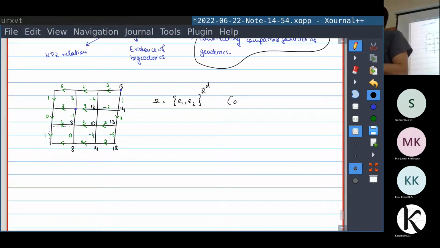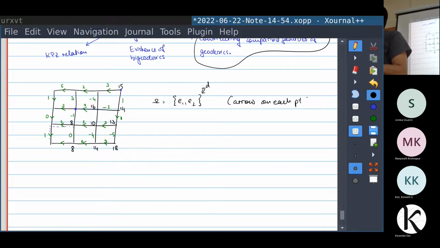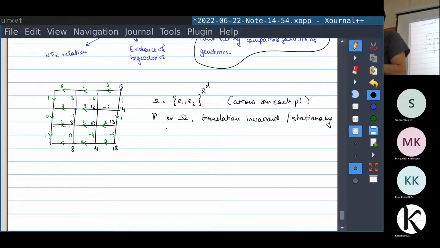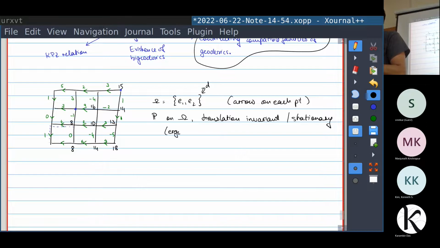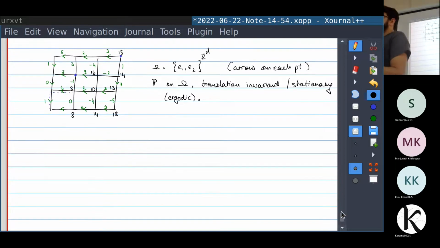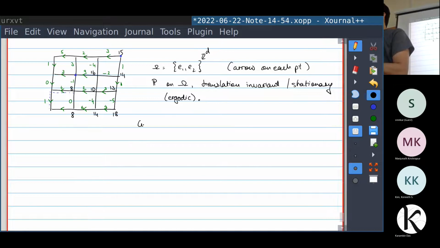There's an arrow at each point on the lattice. And then I have some measure on omega that's translation invariant, or stationary, and by the ergodic decomposition, you can also assume it's ergodic.